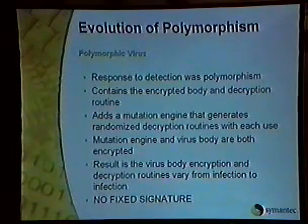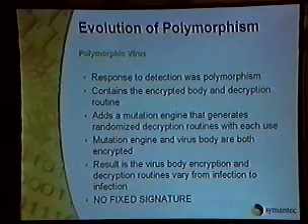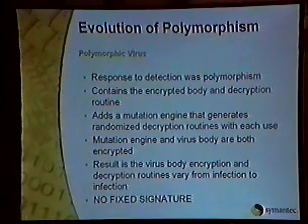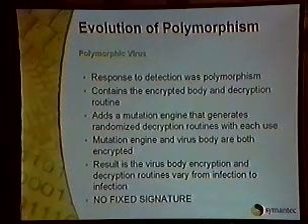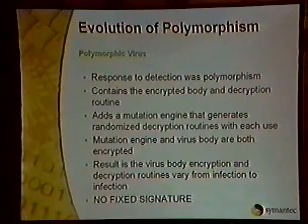The mutation engine and the virus body are both encrypted, so we had a hard time figuring out a fixed signature, because each time the virus was encrypted, the decryption routine was polymorphed, and that had a generated value each and every single time. So we had no way of really finding that virus by scanning it while it was polymorphed.